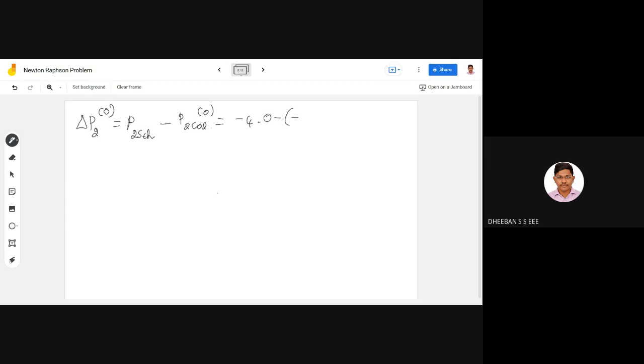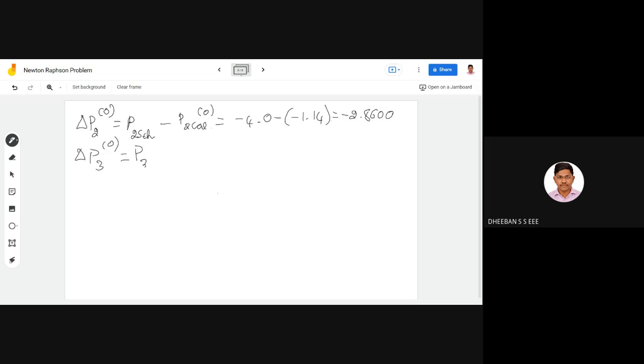What we have calculated is around 1.14, and this goes with minus 2.860. If you are multiplying, this becomes plus, and you have to subtract from your 4. So you'll be getting around minus 2.8600.